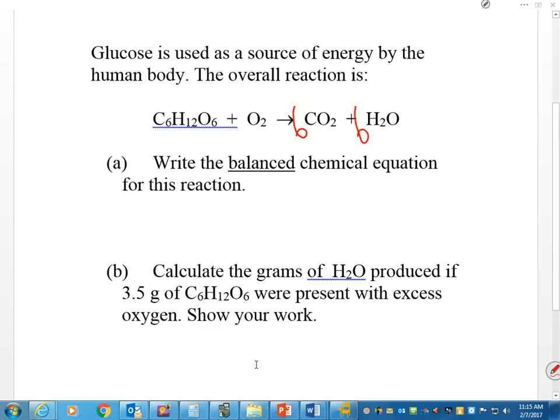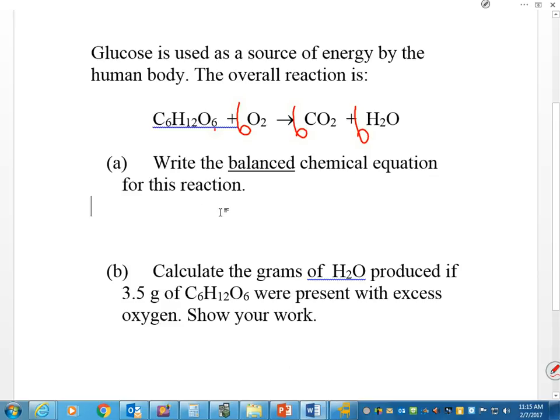Okay, right now I have 8 oxygens on the reactant side. Here I have 6 times 2, that's 12, plus 6 times 1, that's 6. 12 plus 6 is 18. How do I make an 18 over here? I need a 6 in front of the O2 because then 6 times 2 is 12, plus 6 is 18, and then we don't change the other C6s and H12s, right? So we have a balanced equation.